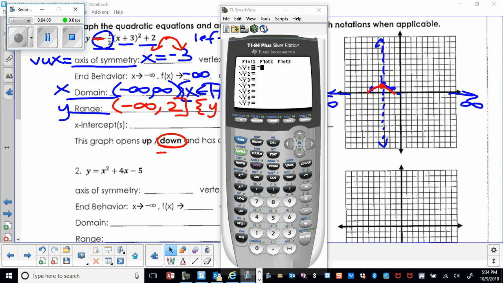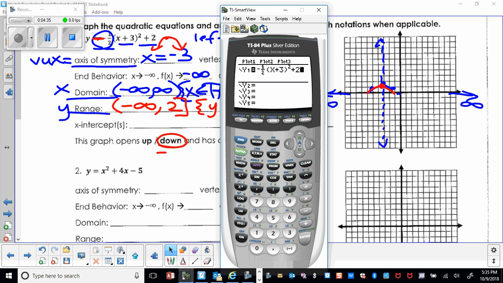Okay, so I'm putting this in the calculator. For my fraction, I'm going to use alpha y equals so that I can get this nice fraction looking like that. And then it was 1/2, so 1 over 2. And then I'll put my parentheses, and then I've got an x plus 3 squared. That makes it quadratic. And then I've got plus 2.